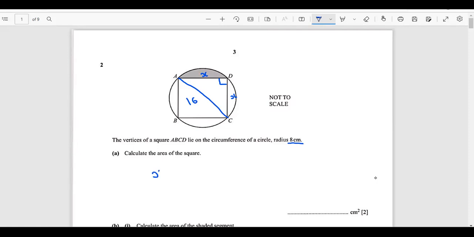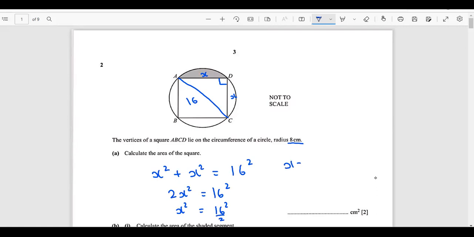Okay. So the square of x plus the square of x would be equal to the square of 16. So this would give us 2x squared equals 16 squared. So x squared is going to be 16 squared by 2, and now I need to take the square root on both sides.